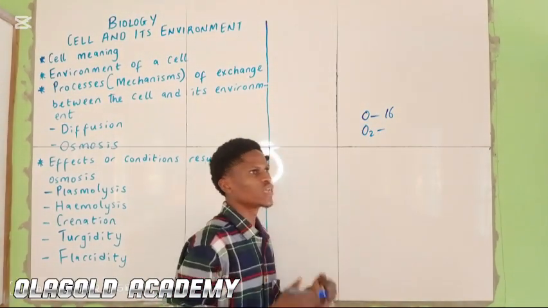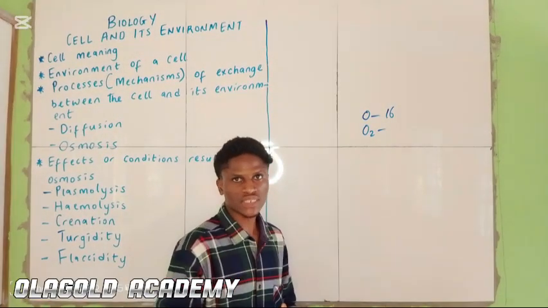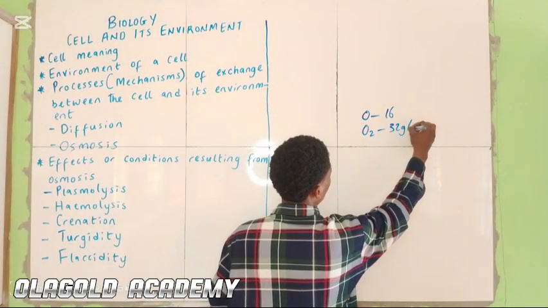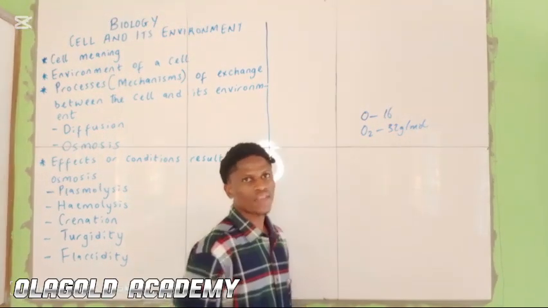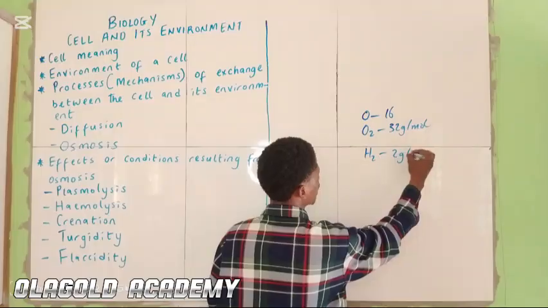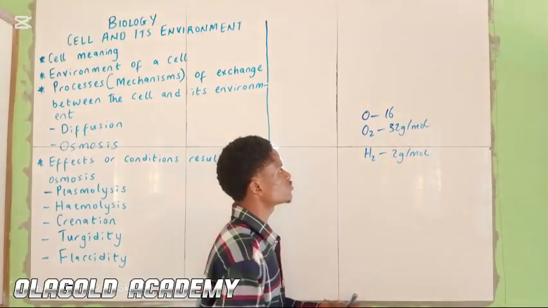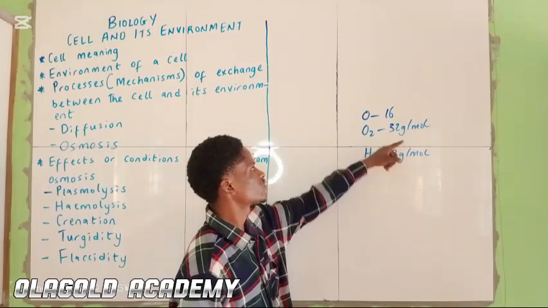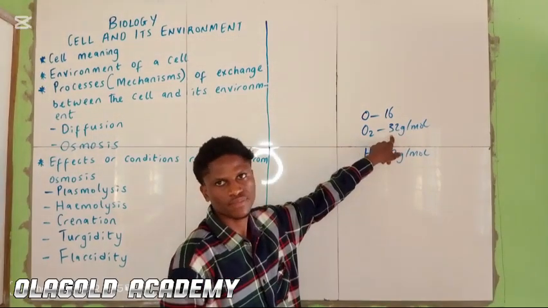So the molar mass of oxygen is 32 grams per mole, while the molar mass of hydrogen is 2 grams per mole. So hydrogen will diffuse much faster than oxygen.